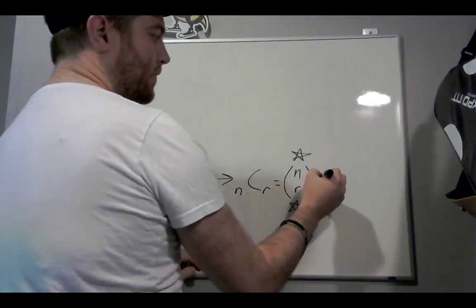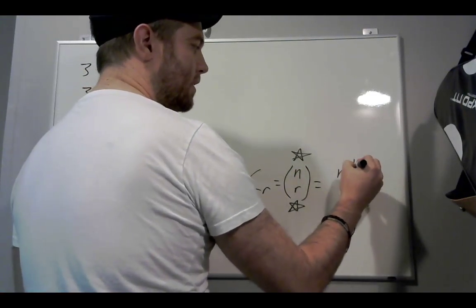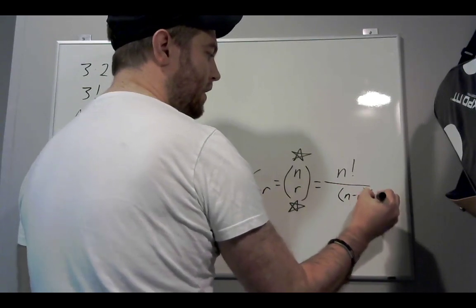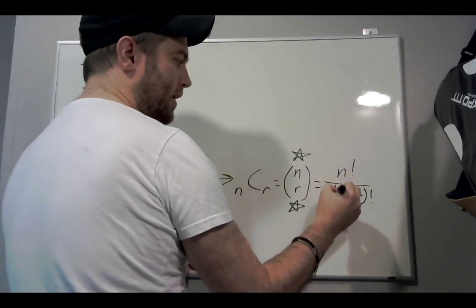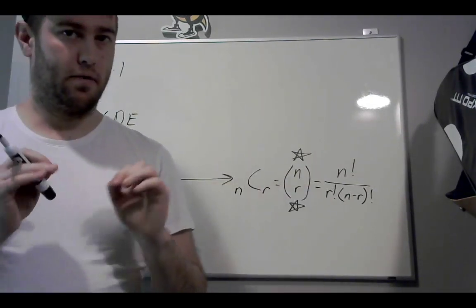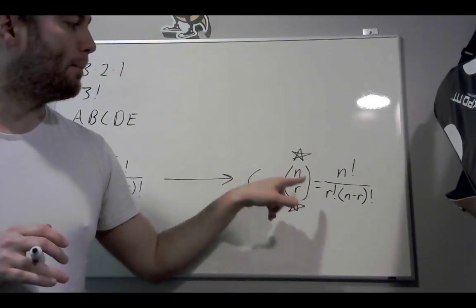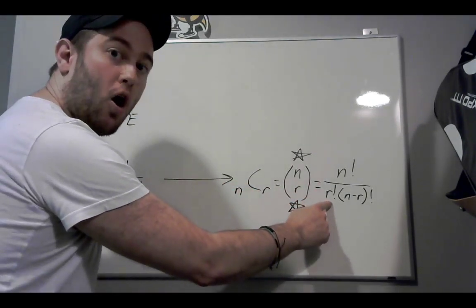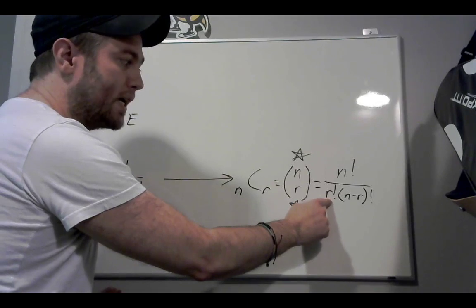This formula is going to be basically identical, except one piece is different, and that piece is right here. We're actually going to be dividing by r factorial. What that is doing is basically saying, hey, I'm finding all the different permutations.